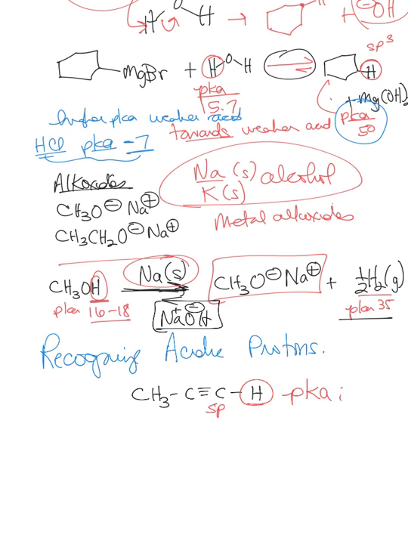So we'll just erase that and write 23. The other acidic proton that you're going to come across is alcohol. Anytime you have an alcohol, this is connected to an oxygen that has a pKa of about 16. Remember, 16 to 18?